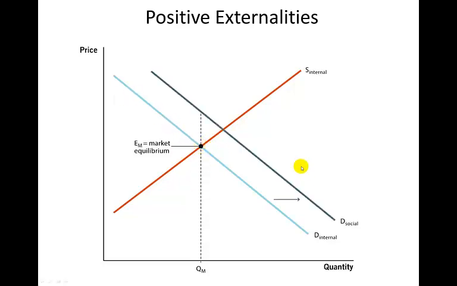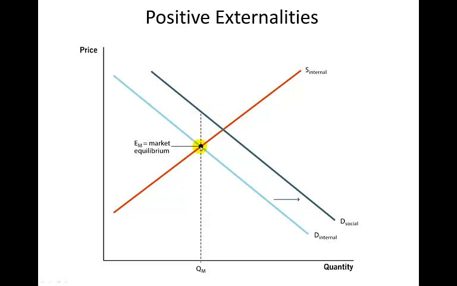Okay, so the positive externality comes into play because again there are these benefits here, which you can see as the vertical distance between the demand curve and the social benefit curve here.